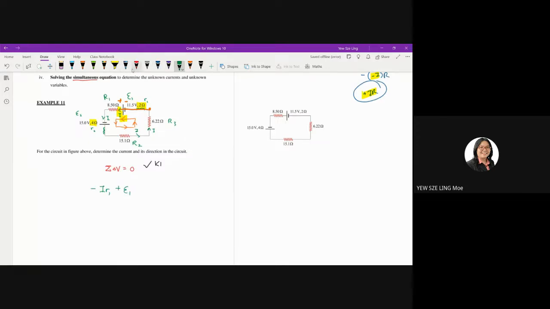Now it comes to the R1. When it passes through R1, it experiences a potential drop. And when you check the directions of I1 and your loop, both of them are heading the same direction. Therefore, this is a negative IR1.